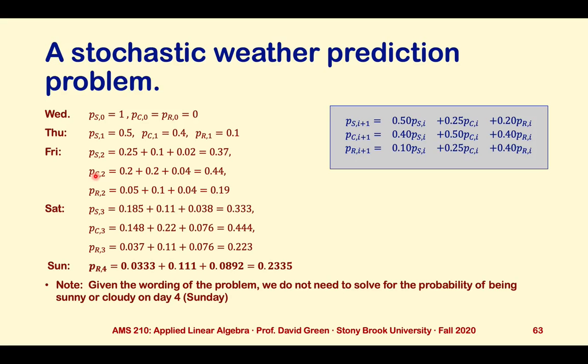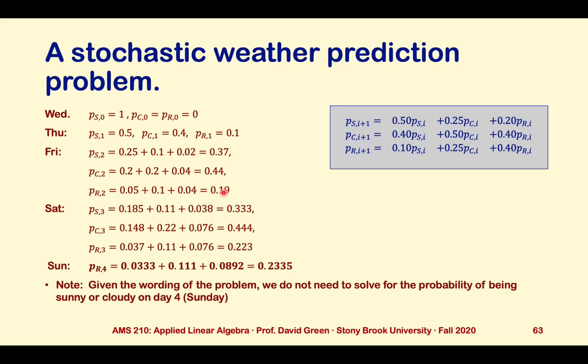Similarly, for cloudiness, 0.4 times 0.5 is 0.2, 0.5 times 0.4 is 0.2, 0.4 times 0.1 is 0.04, which gives 0.44. Rainy on Friday, on day 2: 0.1 times 0.5 is 0.05, plus 0.25 times 0.4 is 0.1, plus 0.4 times 0.1 is 0.04, or 0.19.